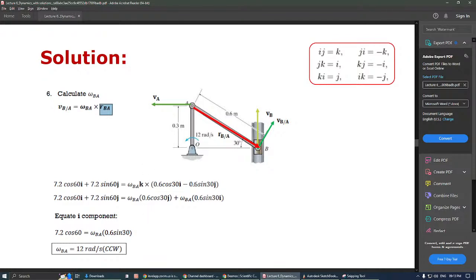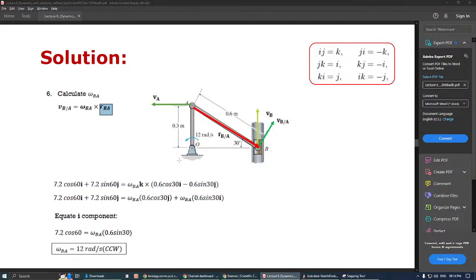Here you can see K cross I. K cross I should be negative now. K cross I, yes, correct. And K cross J. K cross I is positive, right? No, K cross I is positive J. Give me a minute.